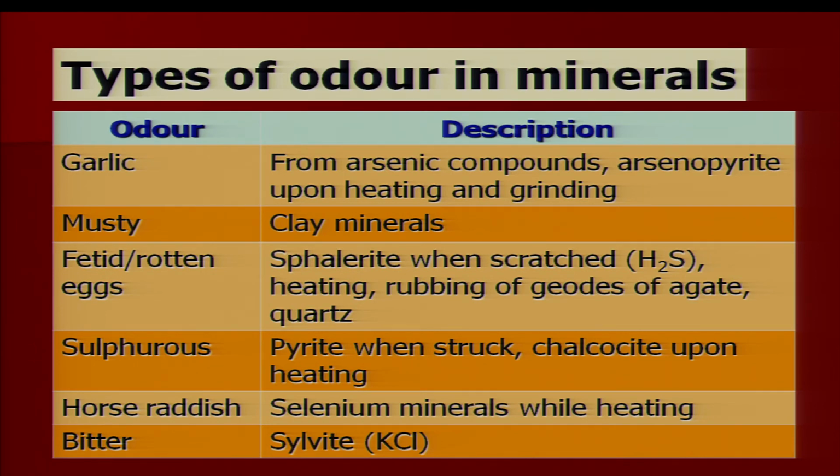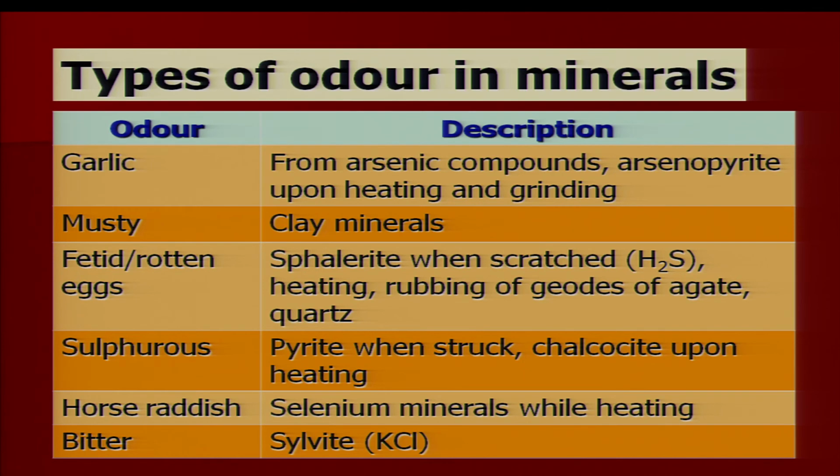The chemical formula of pyrite is FeS2. Sulphur is there. When it is heated, the sulphur ions are dissociated, giving rise to sulphurous odor. Horseradish-like odor: the best example is selenium minerals, which while heating give rise to a horseradish-like odor.